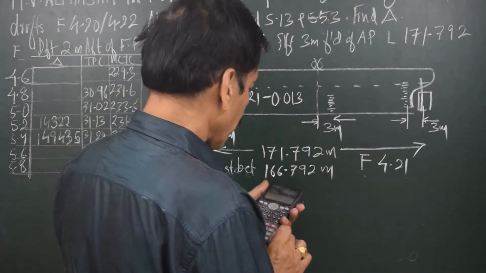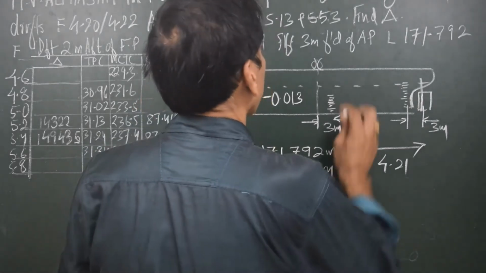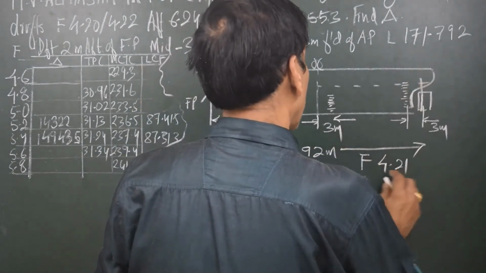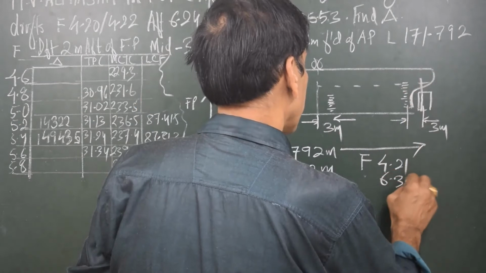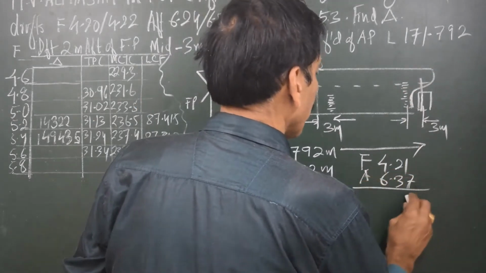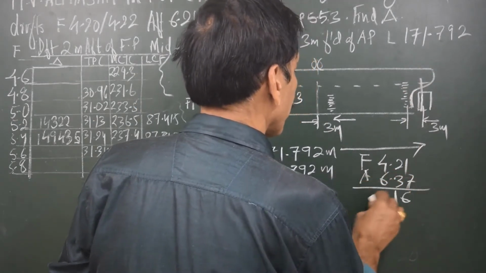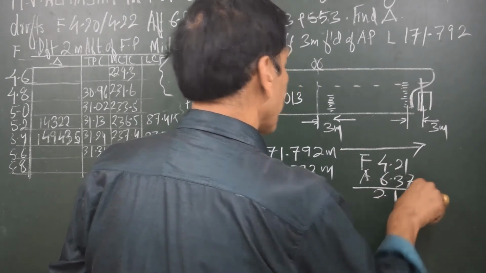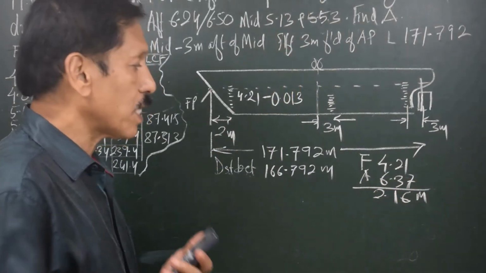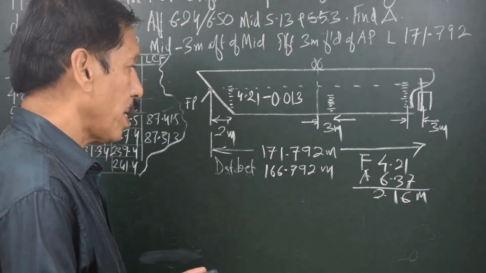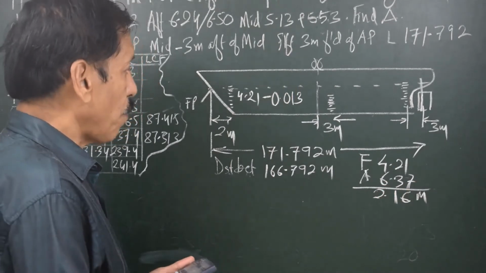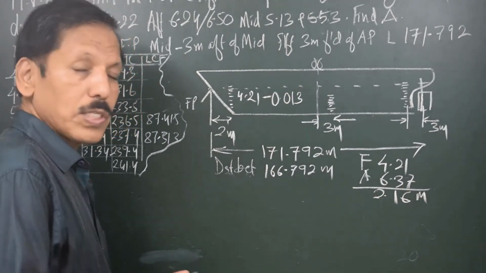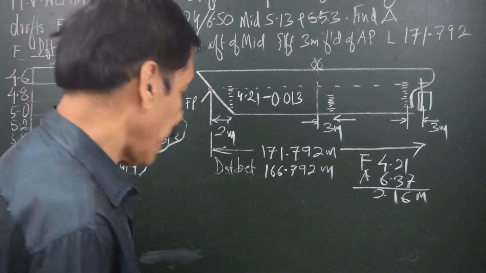The mean of the aft draft is 6.37, right? So what is the trim? 2.16 meters. Now this 2.16 meters is the apparent trim, and this trim is found on the basis of the drafts which are marked forward and aft, right?